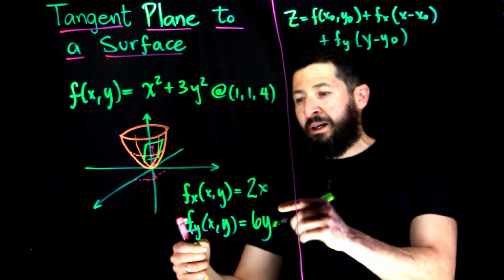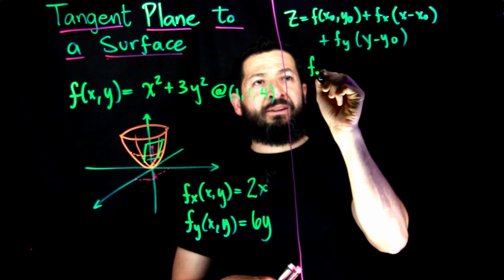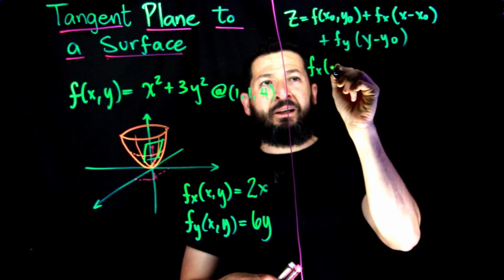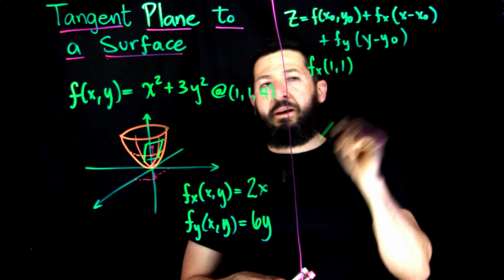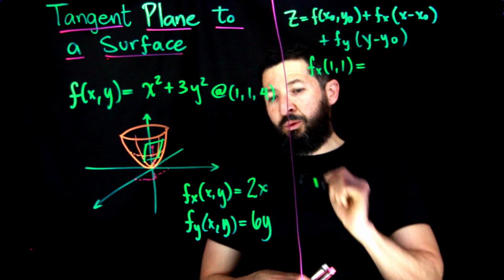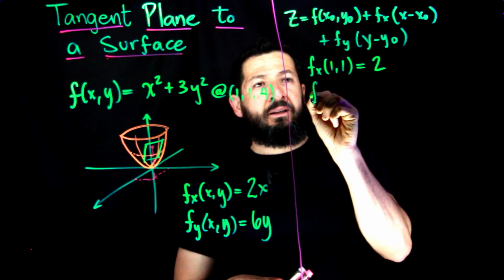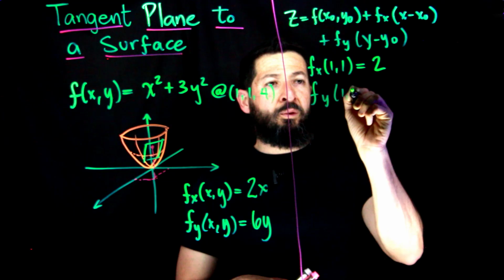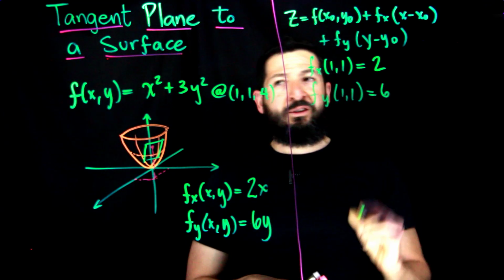And then I just have to evaluate my partials at the point given. So f sub x evaluated at 1, 1 is going to be given by 2 times 1, so 2. And then f sub y of 1, 1 is going to be 6 times 1, which is 6.